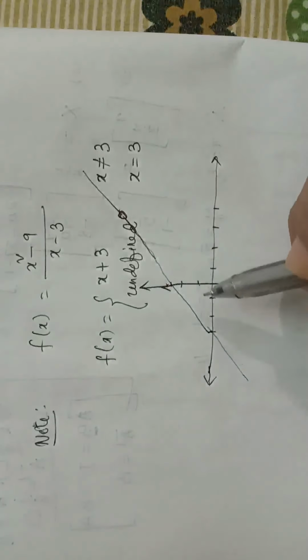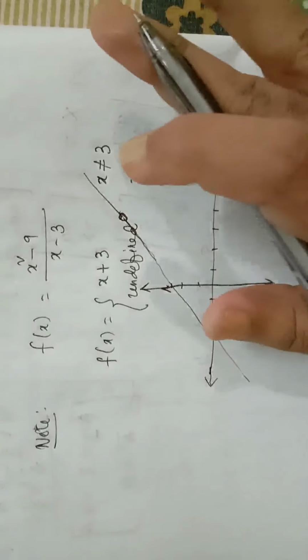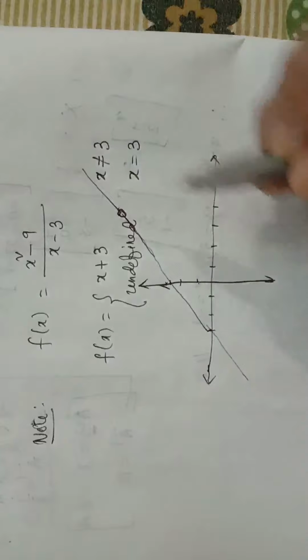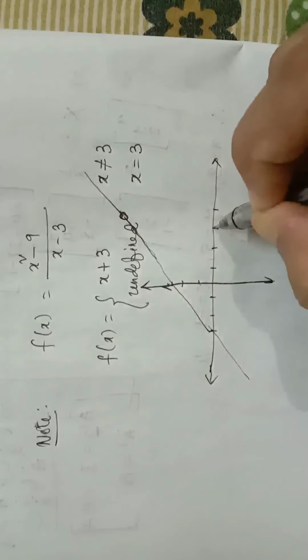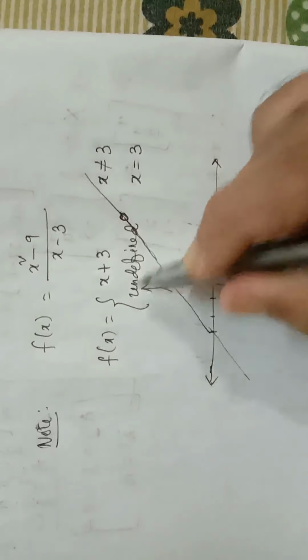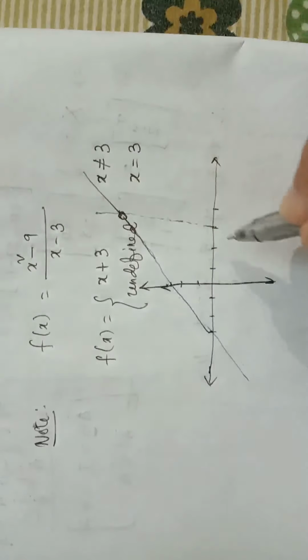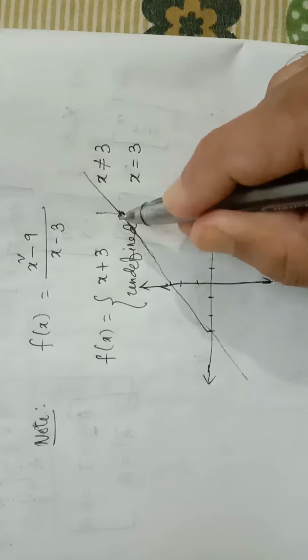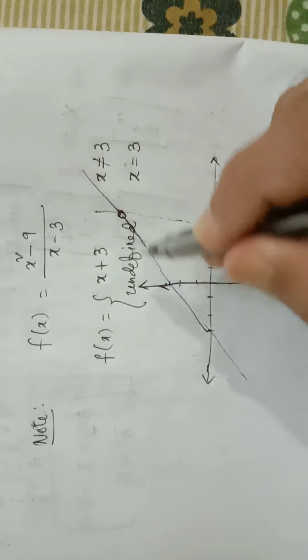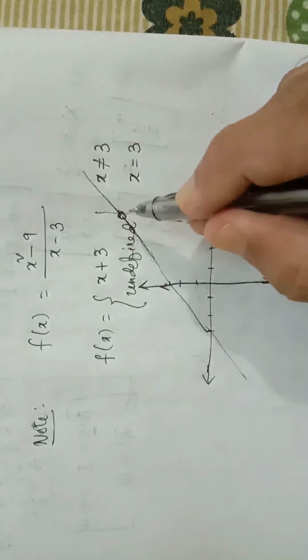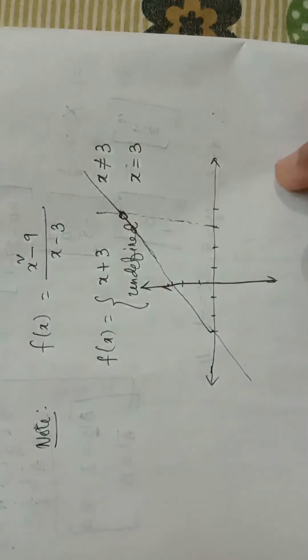Now you can see in the graph of this function at x equal to 3, f(x) is undefined, not defined. The value of the function does not exist. So there is a break in the graph. So we say f(x) is discontinuous, not continuous.